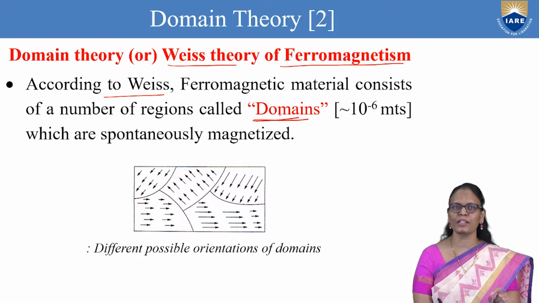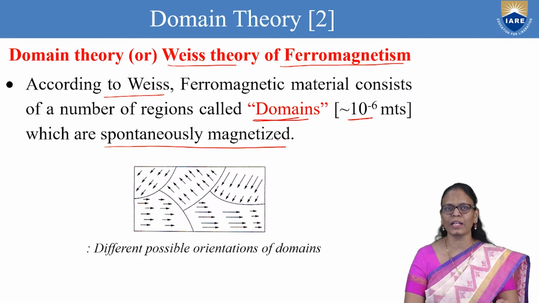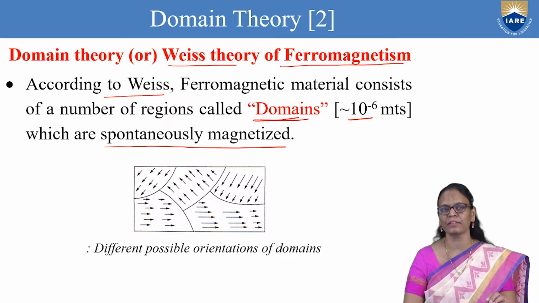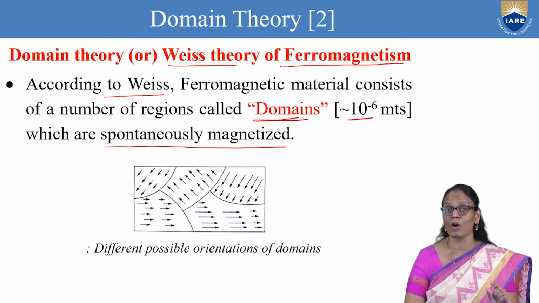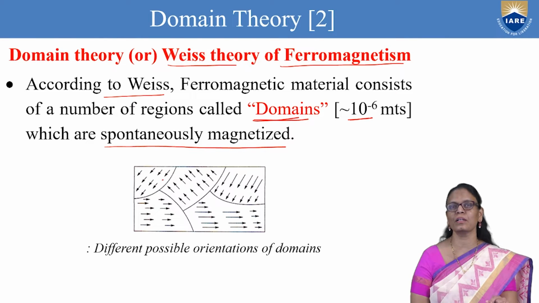They are very small in size, of the order of 10 power minus 6, and they are spontaneously magnetized. When we say spontaneously magnetized, it means even in the absence of a magnetic field, these domains are magnetized.